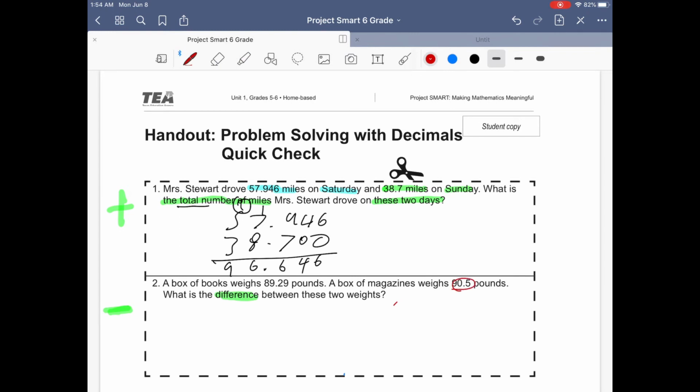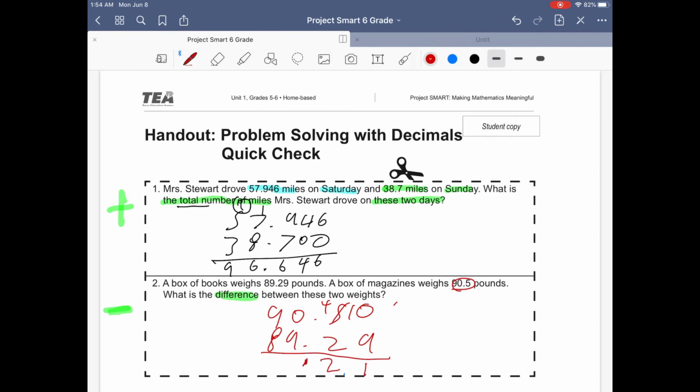So let's go ahead and set it up. Remember, the bigger number goes on top, so the 90.5 on top, and then 89.29 on the bottom. Okay, so we added the number 0 here, and remember, a 0 cannot take away a whole number, so we gotta borrow. So this becomes a 4, this becomes a 10, and 10 minus 9, well, obviously 1. 4 minus 2, you take away half, becomes a 2.